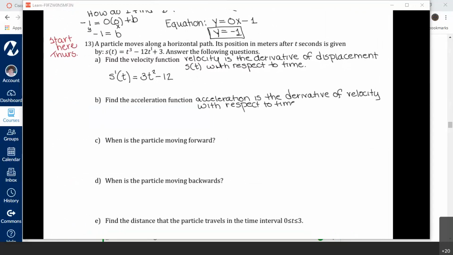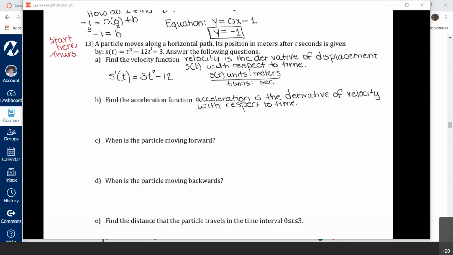Okay, now if you think about what units acceleration has, you've got to think about velocity. Notice when I said velocity, the units, okay, it's a rate, so it's going to have output units on the top. Okay, my output units are going to be in meters, because that's what S of t is. Meters. Okay, and then it's got t units on the bottom, which is second.